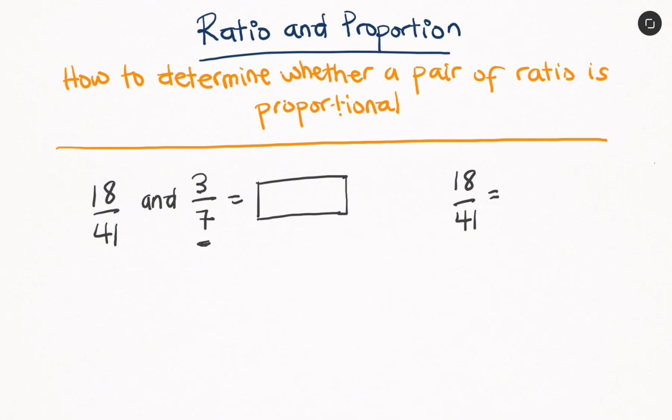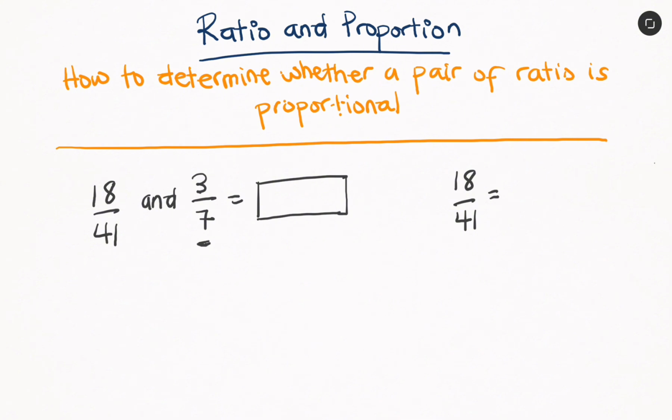But let's look at 3. So if we divide 41 by 3, we are going to get 13.6, so we cannot use 3. If we decide to use 4, we'll get 10.25, so we cannot use that as well, and any other number cannot go into it any further.